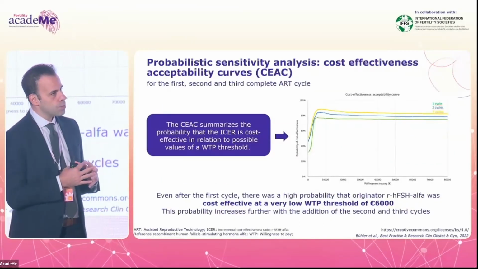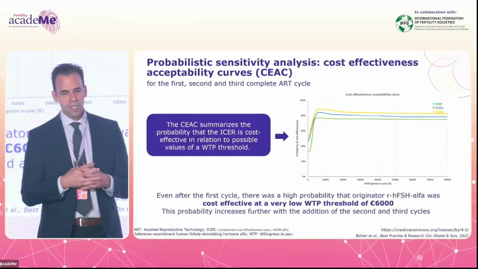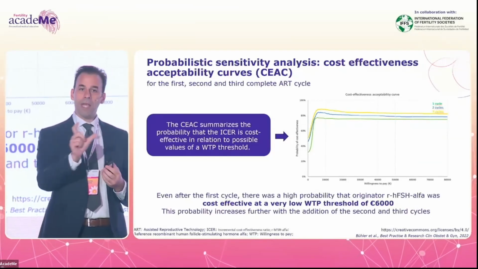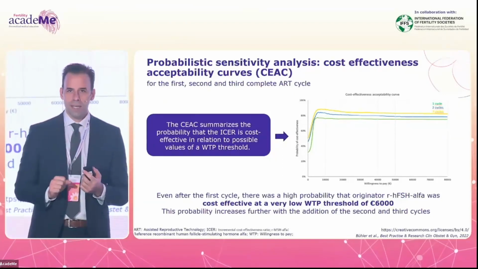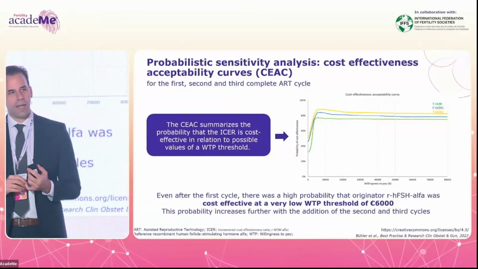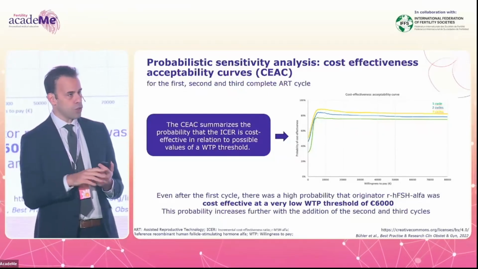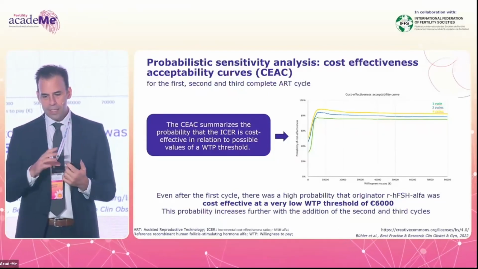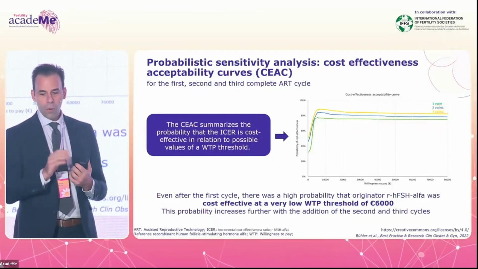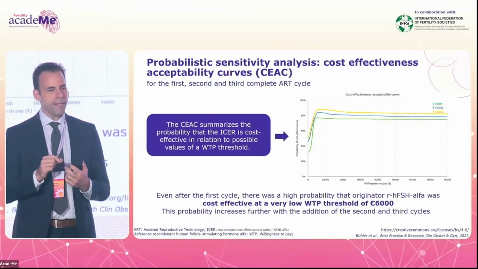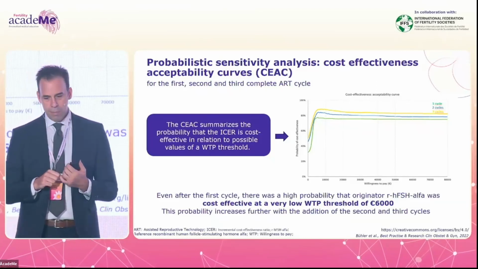The authors did what we call a probabilistic sensitivity analysis by varying the assumptions and the cost input, most importantly the efficacy data, and they very easily saw that at a very low willingness-to-pay threshold, less than 10,000, we were already approaching a near 90% acceptability rate.